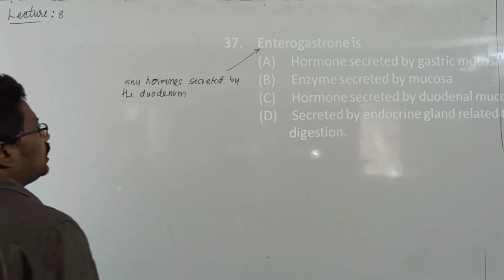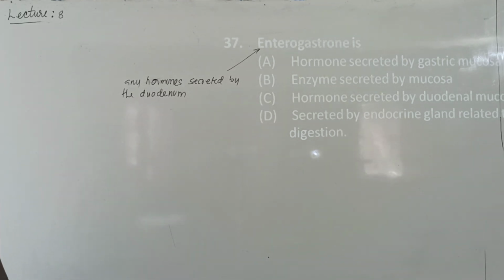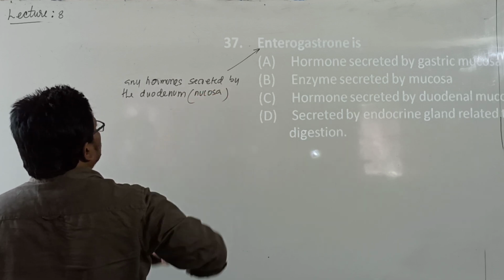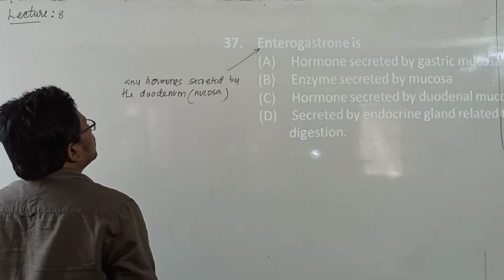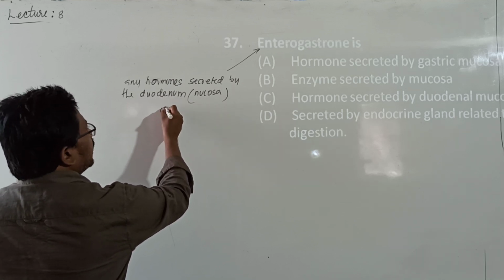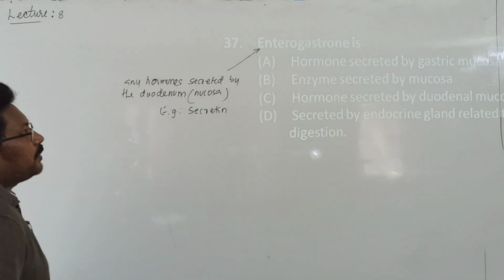Of course, the mucosa of the duodenum is responsible. So any hormone secreted by the mucosa layer of the duodenum, we call enterogastrone. Secretin is an example in this case.